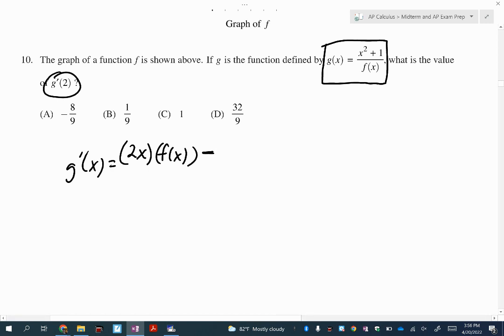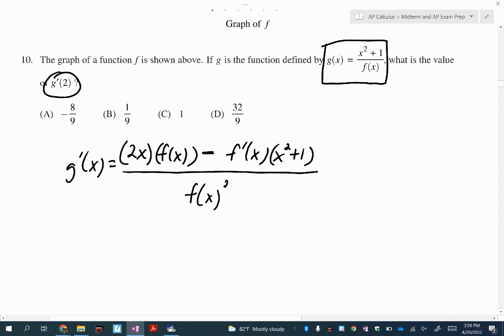Minus f prime of x times. Awesome. All over. Here we go. Michael, I know you love the fact that you know that. I don't know why I can't give you the formula for that, but I cannot.